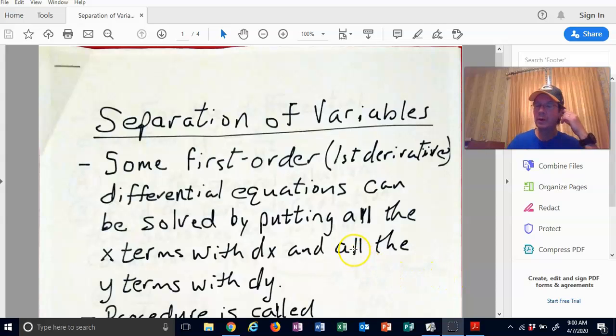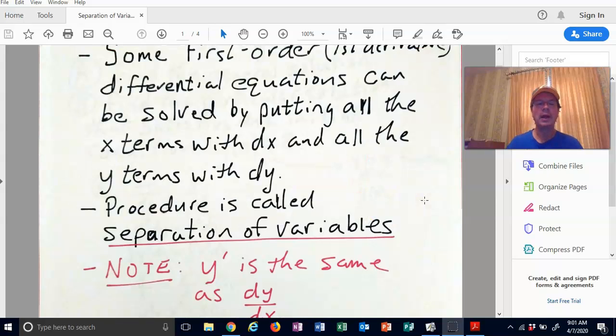And here's what it deals with. It says some first order differential equations, which means the highest derivative that you see is the first derivative, can be solved if you separate the x's and dx's from the y's and dy's.